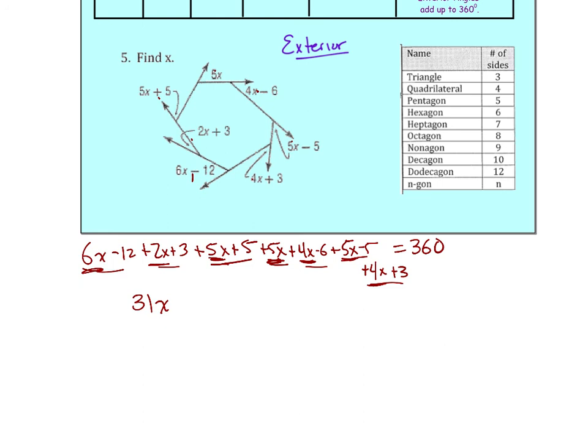Then I'm going to change colors here just for the numbers. So minus 12 plus 3. Minus 12 plus 3 is negative 9. Negative 9 plus 5 is going to be negative 4. Minus 6 is going to be negative 10. Minus 5 goes negative 15. Plus 3 means I go negative 12.